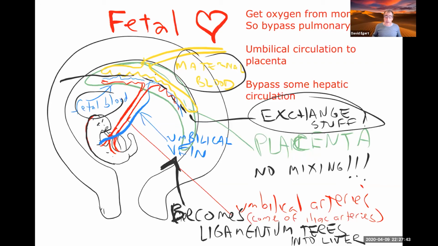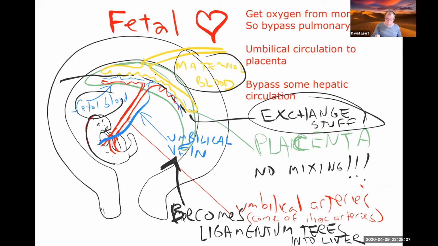So again, we'll come back to the ligamentum teres, and I'll show you pictures of it later, but just to get you thinking about it at this point, it's there because it used to play a really important role, even though now it's just a little connective tissue string.